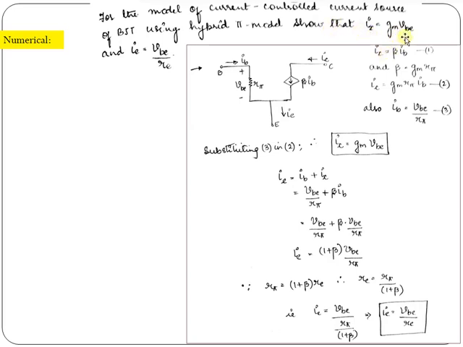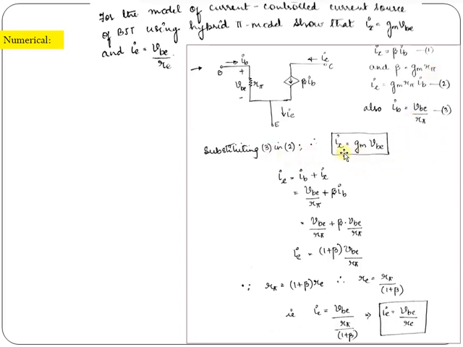This is one of the important questions, and you should remember how these equations come. IC is equal to beta times IB, and beta is equal to GM into R pi, so IC is equal to GM R pi into IB, by substituting the value of beta. We also know that IB is equal to VBE by R pi, and if you substitute equation 3 in equation 2, you get the instantaneous collector current equal to GM into VBE.